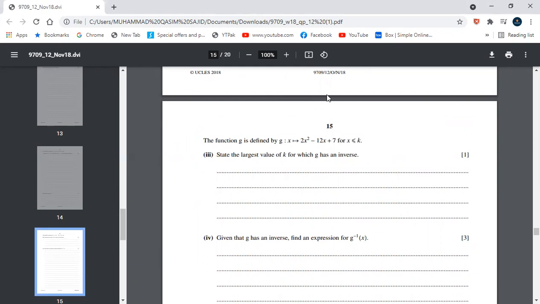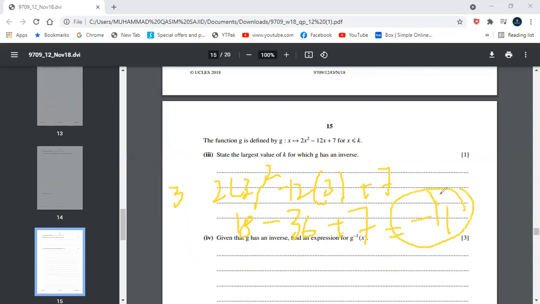Taking the values, for example, I am taking x equals 3, so it must be 2 into 3 square minus 12x plus 7, so this must be 3 square, that is 9, that is 18 minus 36 plus 5, so the value is 25 minus 11. This is the range, as you know. So 3 is the maximum value of k for the given equation.